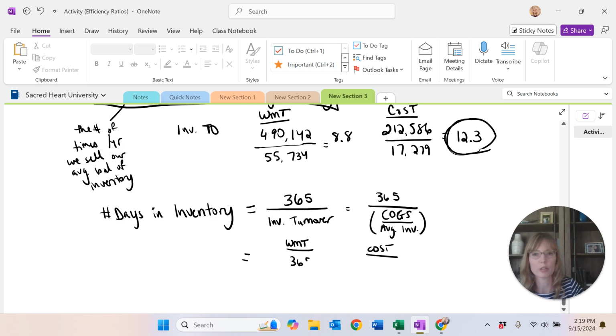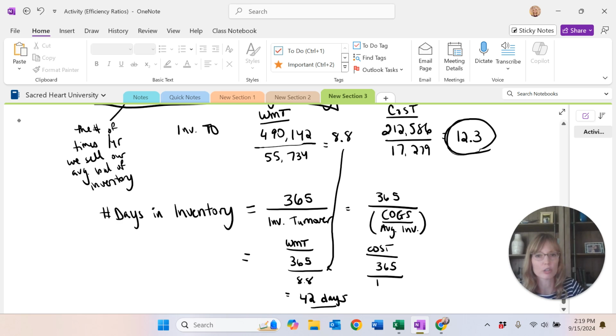Okay, so if we take for Walmart 365 divided by the 8.8 inventory turnover, how many days is Walmart's inventory sitting around? 42 days on average. Okay, so we know both numbers have just been divided by 365. So we know that Costco's number, if 365 is divided by a larger number in the denominator, we're going to get an outcome that is a smaller number.